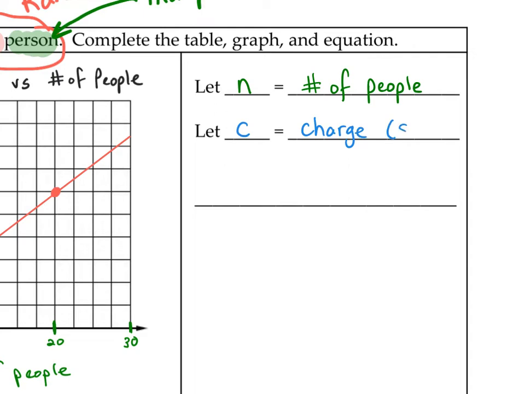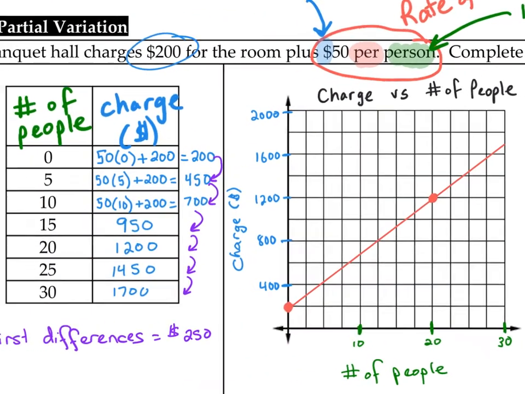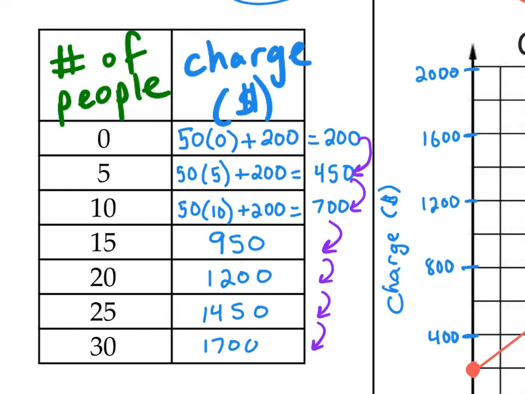And for each of these, you need the units. And you make the equation just the way you did this math. We took the rate of change, we multiply it by the number of people, and then we added this extra $200, which we call the initial value. If you remember that from back when we did patterning, that was the initial value.